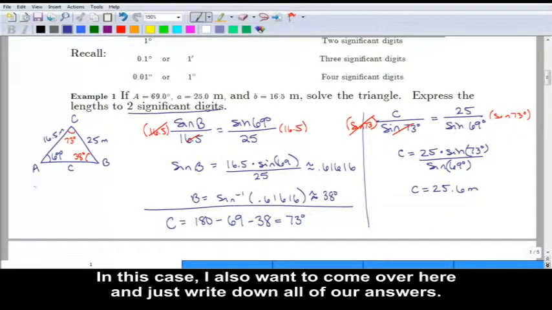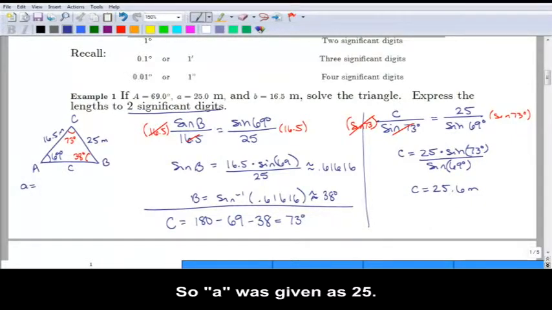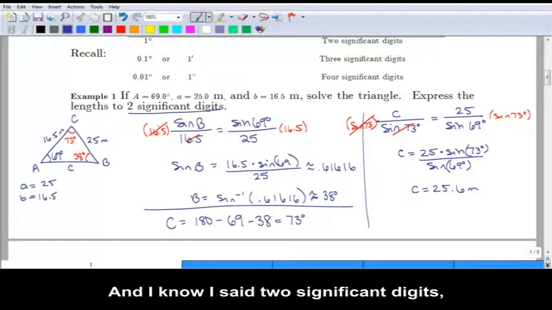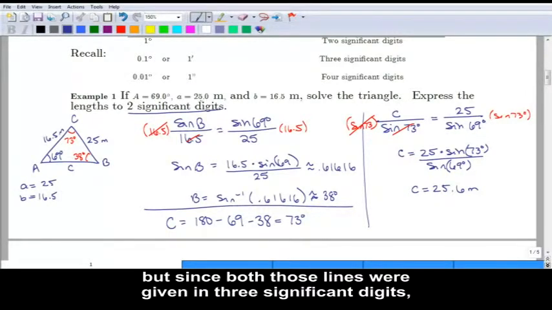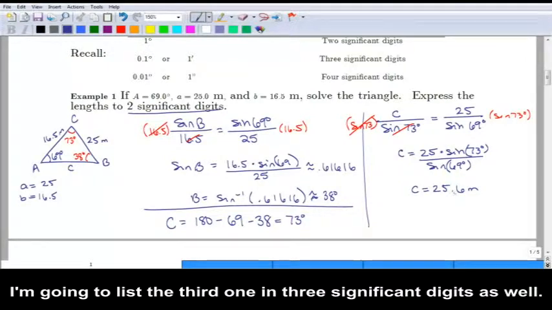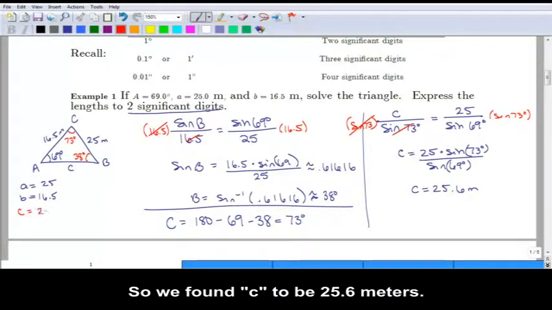In this case, I also want to come over here and just write down all of our answers. So A was given as 25, B was given as 16.5, and I know I said 2 significant digits, but since both those lengths were given in 3 significant digits, I'm going to list the third one in 3 significant digits as well. So we found C to be 25.6 meters.